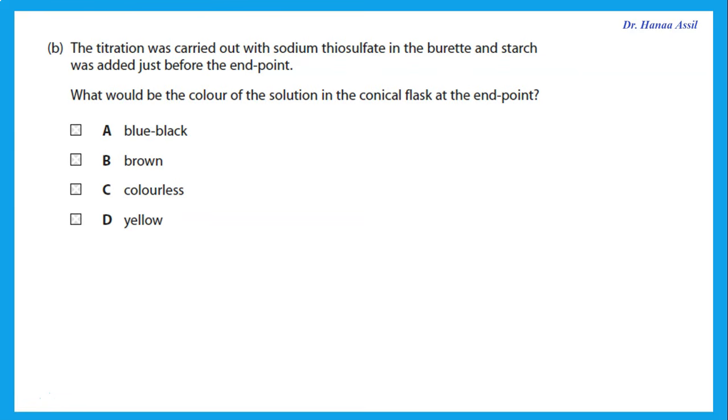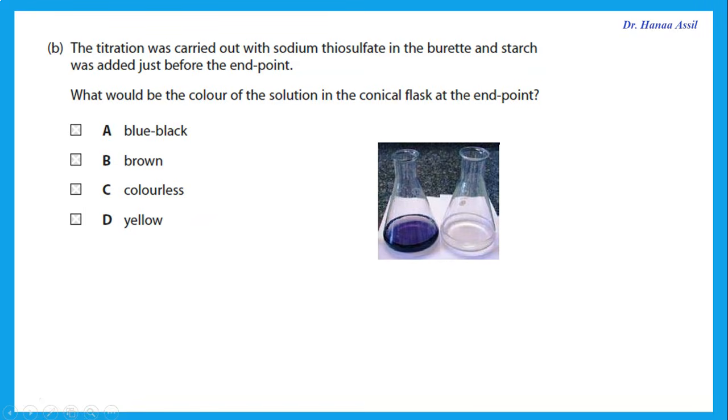Then we add the starch just before the end point. So what would be the color of the solution at the end point? When we added the starch, it became dark blue black. Now adding a few drops of sodium thiosulfate, once the iodine in the flask has been used up, it turns colorless.